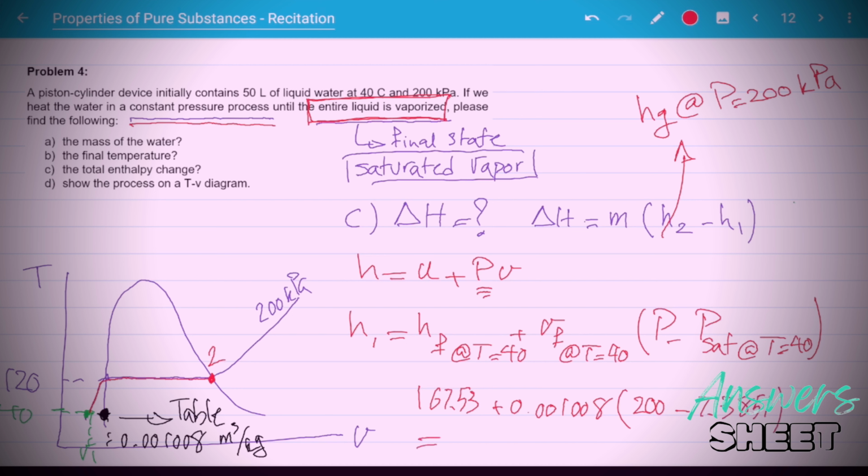Now, if we do the calculations, we get that H, the enthalpy of the initial state, is 167.72 kilojoules per kilogram.